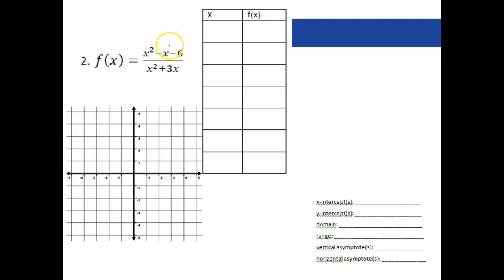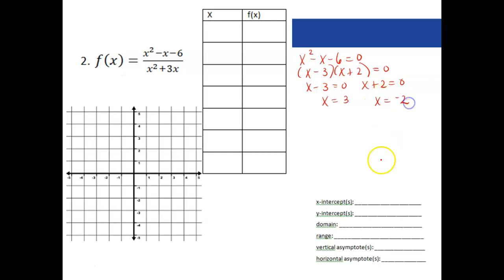Okay, looking at this one, we need to find our x-intercepts. So that means we're going to set the numerator equal to 0. So we're going to need to factor this. So we'll set each part equal to 0. We'll get 3 and -2. So our x-intercepts are (3, 0) and (-2, 0).